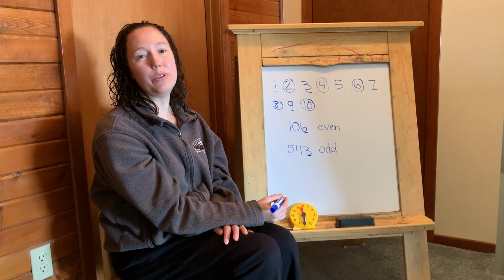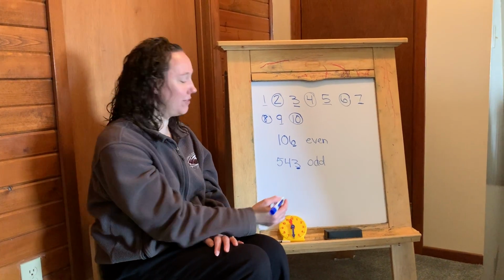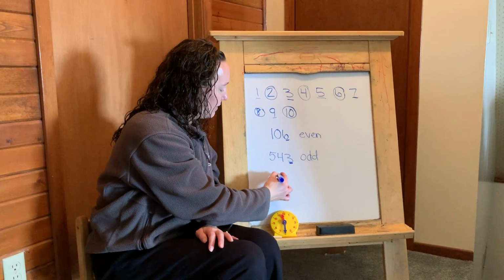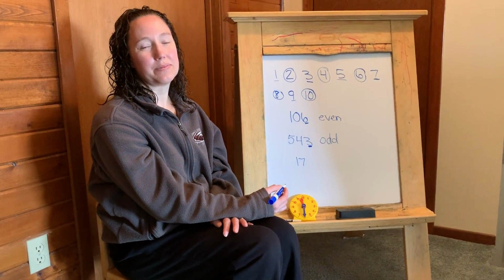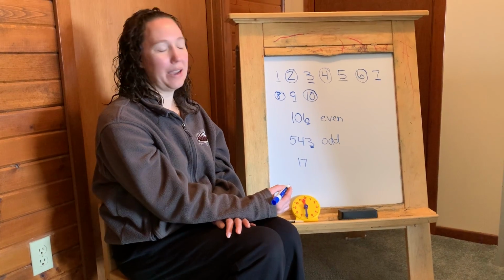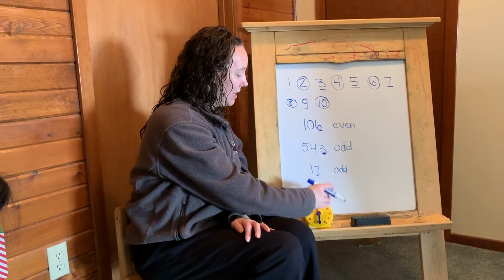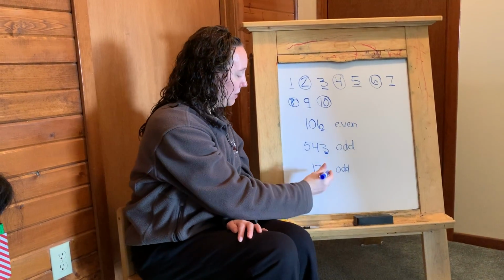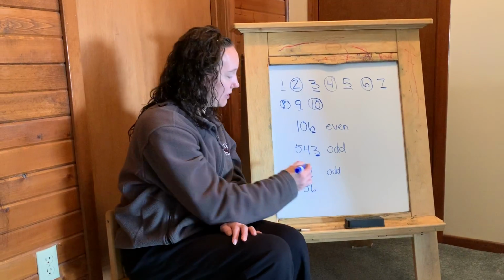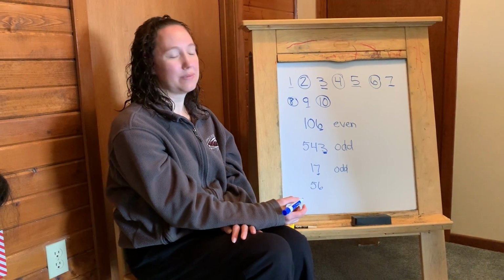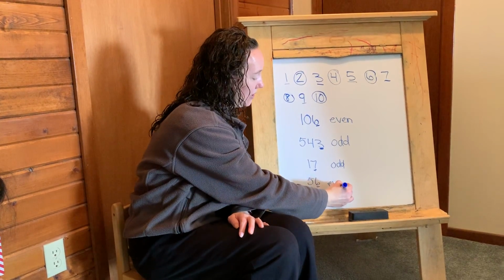I'm going to give you a few more numbers, and I want you to see if you can figure out if they're odd or even. My first number is 17. I hope you all figured out it's an odd number. 7 is odd. How about the number 56? 6 is even.